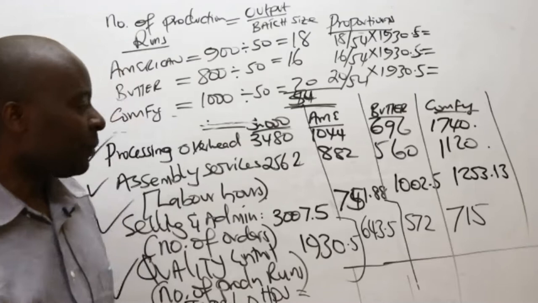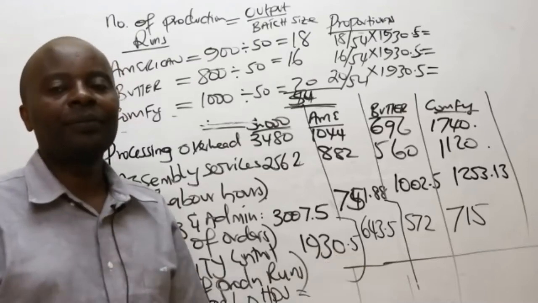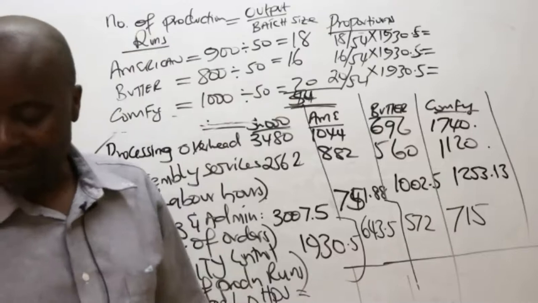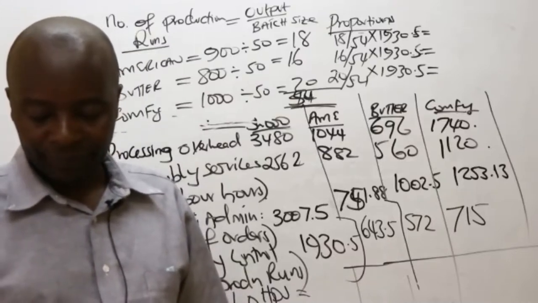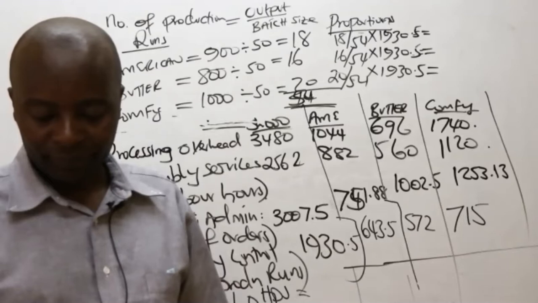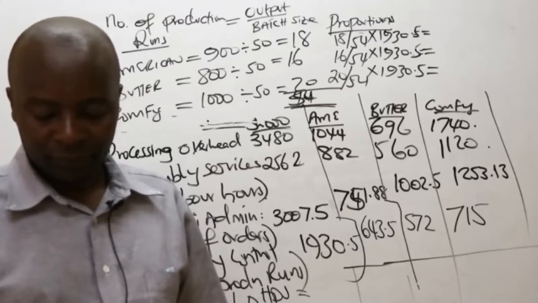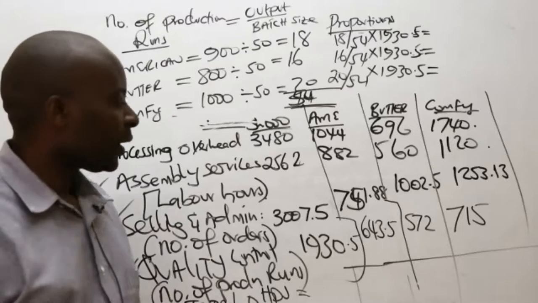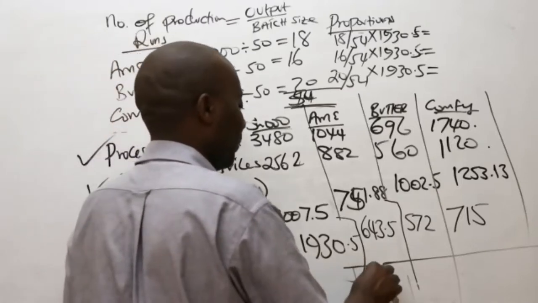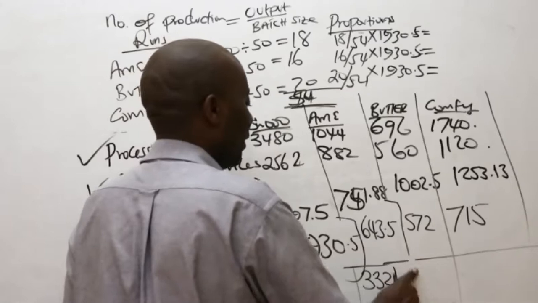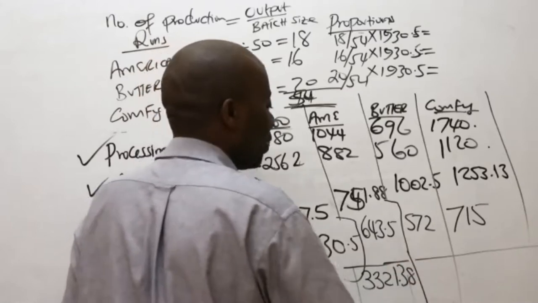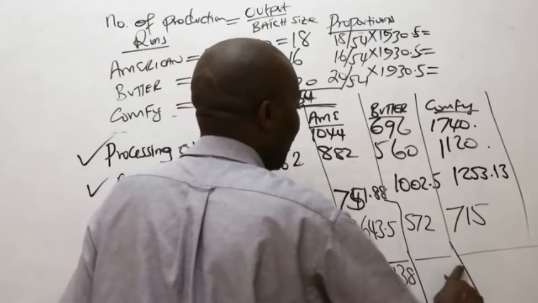American, is there somebody who has gotten an answer? What do we have there for American? 21,338. Thank you very much. How about butterfly?